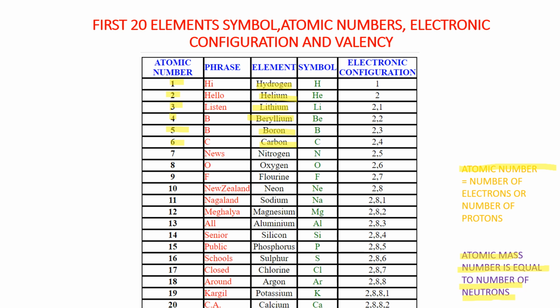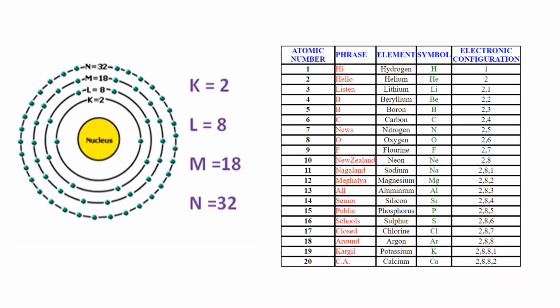Now let's look into the upcoming diagram, the structure of an atom. In the center we have the nucleus. In this nucleus, we have the protons and neutrons.